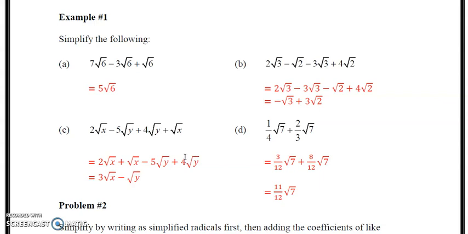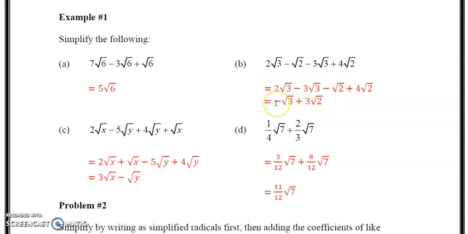Example 1b, we have 2 like radicals. We have the root 3 and root 2. So the root 3 gets grouped together, so I just rearrange what I have here. So 2 root 3 minus 3 root 3, that's what I have here in the first step, minus root 2 plus 4 root 2, and I group them, right?